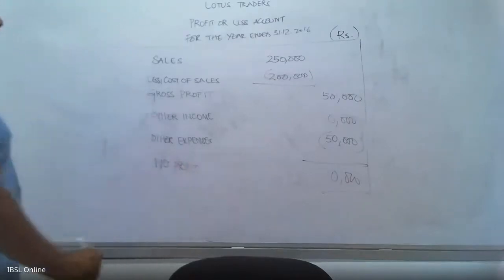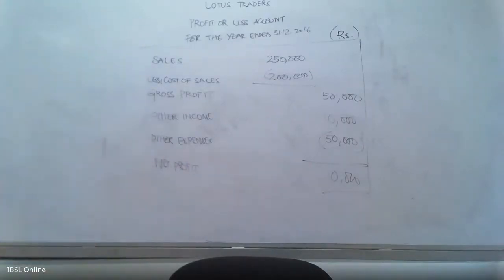Look at this question, very straightforward, very simple. The only thing is you have to remember the items and the format for the financial statement. If you know that, you can easily get the 5 marks. You can take this down.